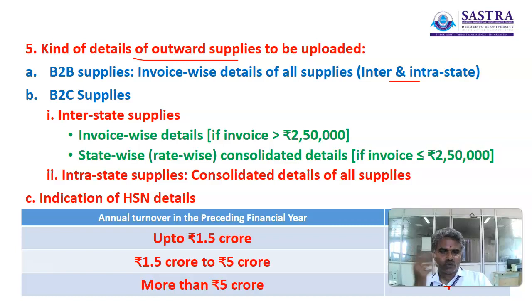B2C supply, B2C, business to customers. B2C means customer, public, third party. Interstate supplies, invoice-wise details if invoice is greater than 2.5 lakh.